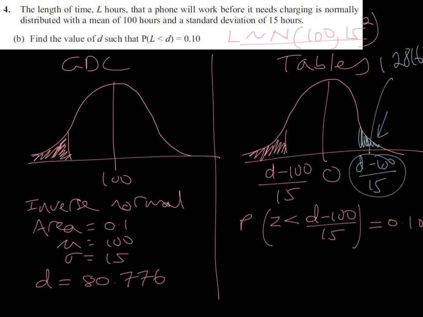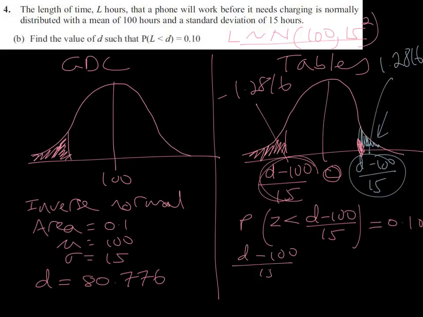Via symmetry, if this point here is 1.2816, because the mean is 0, this value here must also be equal to negative 1.2816. So now we've got an equation where we can set this value, (D − 100)/15, equal to negative 1.2816.